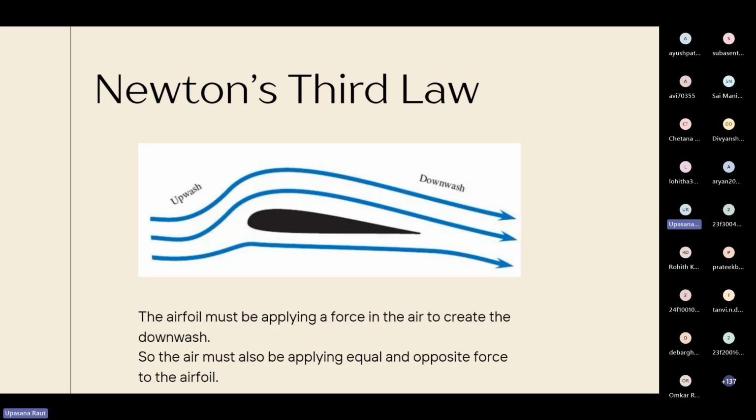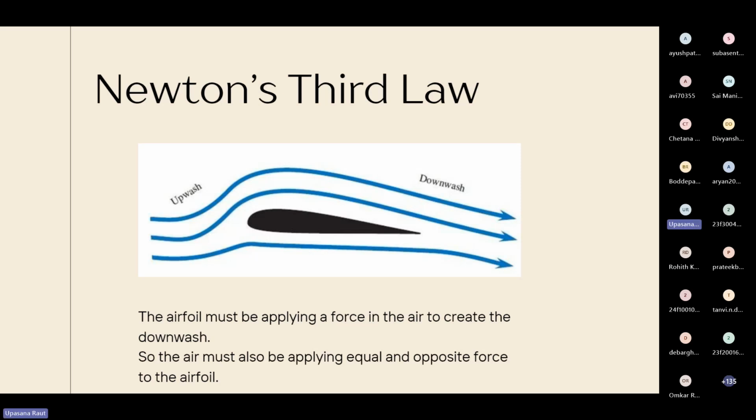So in order to create this curve around the airfoil, the airfoil must be applying a force to create this downward flow. So if the airfoil is applying a force, there would be an equal and opposite reaction, so the air must also be applying an equal and opposite reaction to the airfoil. That reaction is basically lift. So this is the Newton's third law explanation.